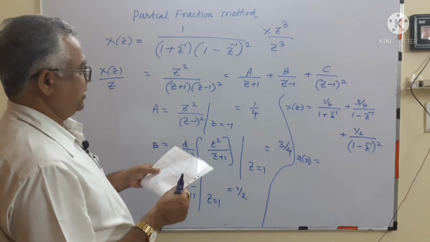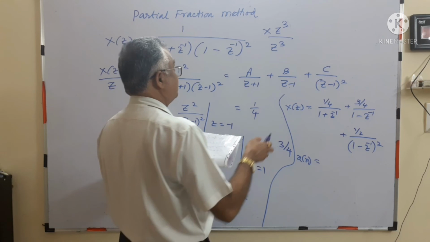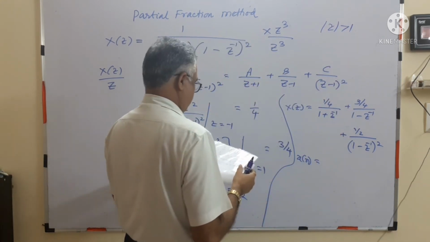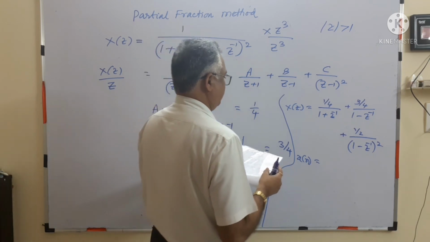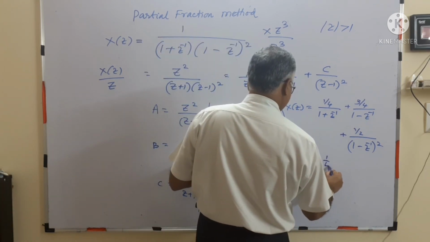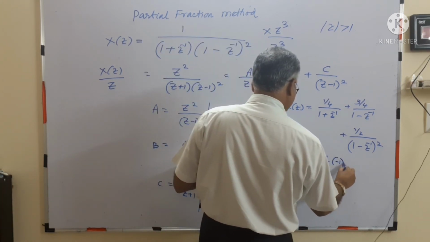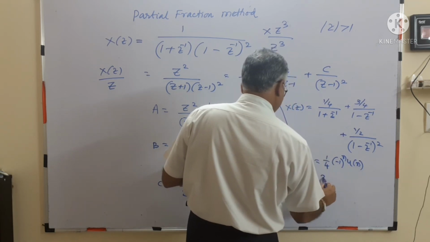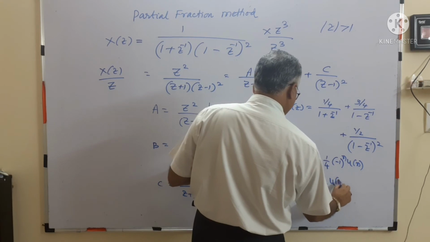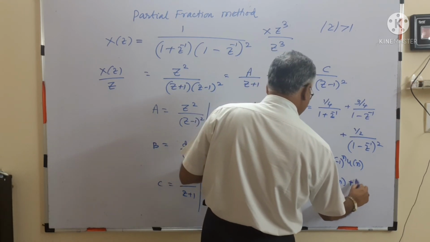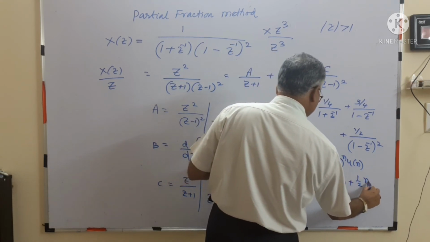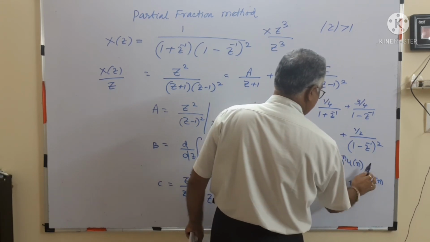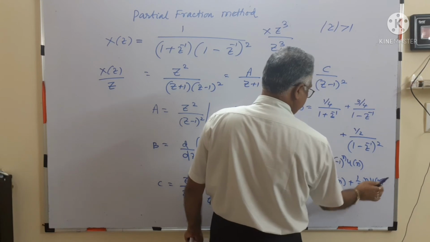ROC given, mod z greater than 1. So what is x of n? 1 by 4 into minus 1 to the power of n u of n, plus 3 by 4 u of n, plus 1 by 2 n u of n. The z transform of n u of n is already discussed, so we get this. This is the answer.